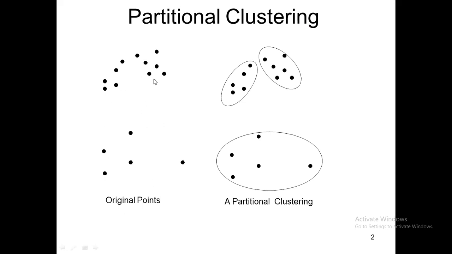In the original data there is no label and no grouping, and we have to group it with partition clustering. In a simple way, it divides data into distinct non-overlapping subsets. This is one of the structures, the diagram.